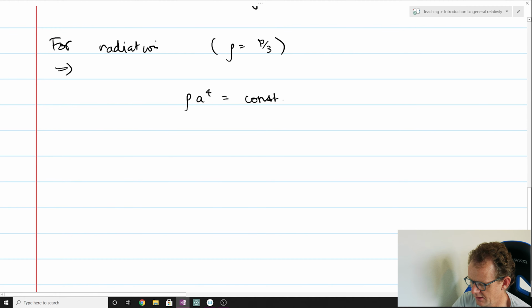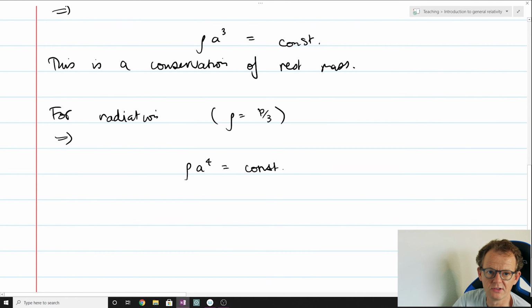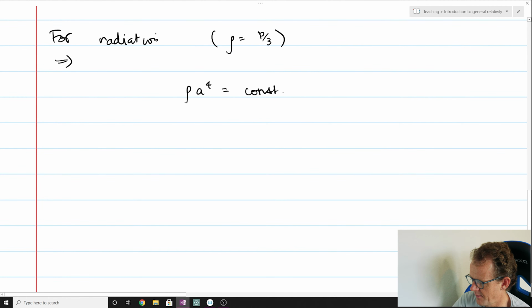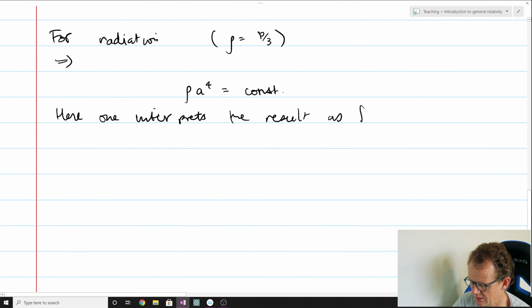And this looks a little different to the dust case. Is there a conservation of rest mass going on here? Well, not quite, because there is no rest mass for a photon. You can't stop a photon, but of course there's energy associated to a photon. And so here one interprets the result as follows.